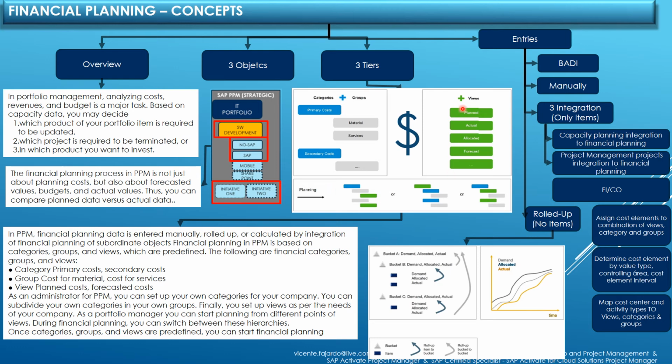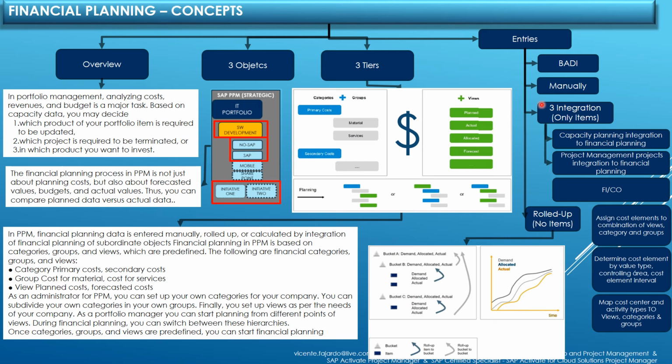And I said that we have different entries. One entry could be the using of PADIs. We can enter financial values manually, or we can get those values from integration with other functionalities.